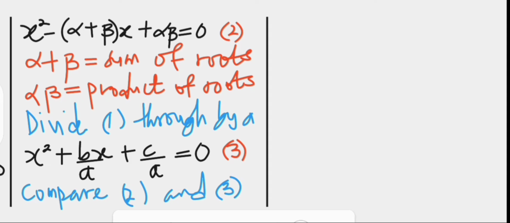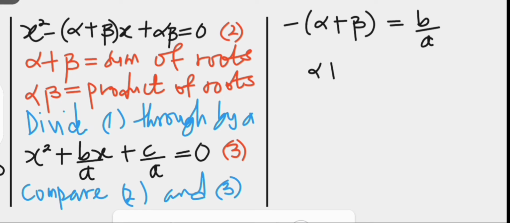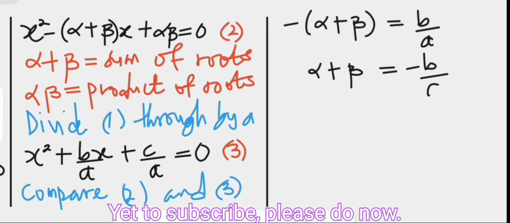Comparing the terms in x, from equation 2, we have minus times alpha plus beta equal to b over a. Then multiplying both sides by negative 1, alpha plus beta is negative b over a. Similarly, comparing the constant terms, alpha beta is c over a.